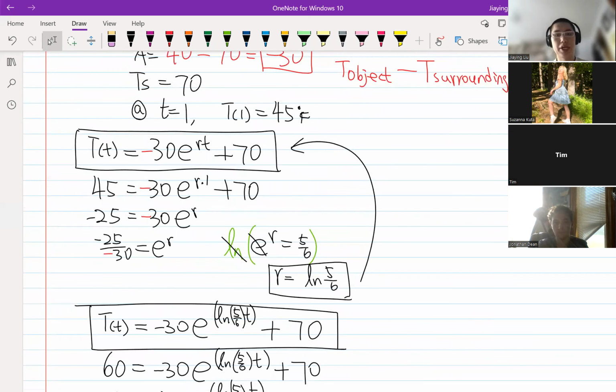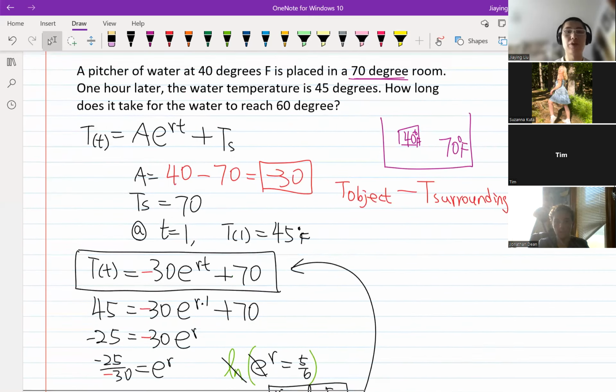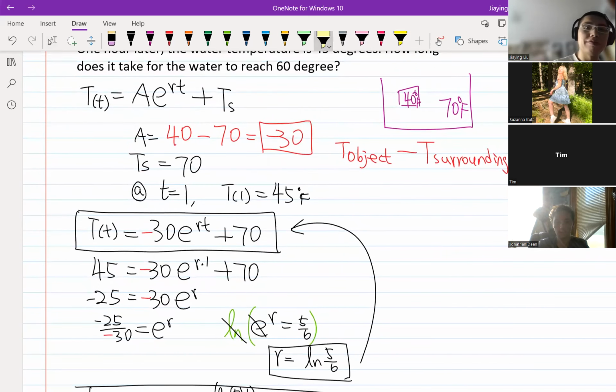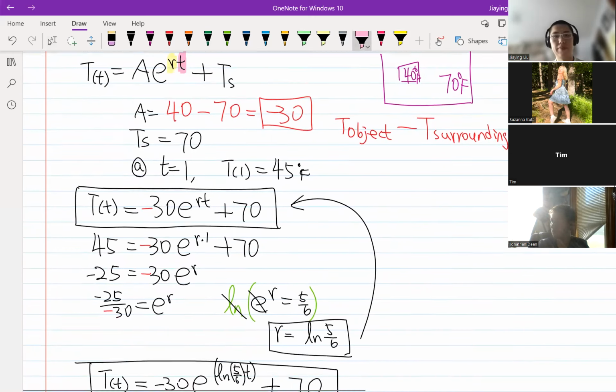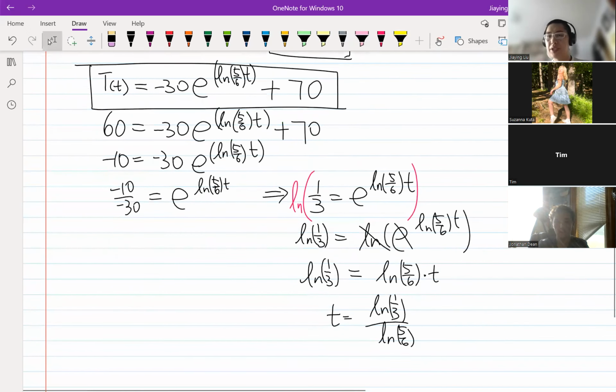In this case, we're heating up the water. Then we use the final information given, the temperature equals 60, to figure out how long it takes. So we're solving for two things: one is the rate in the exponent, and the second is the t in the exponent. All right, any questions on this example?